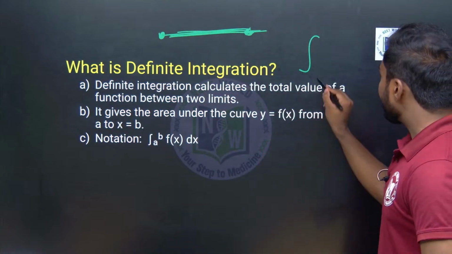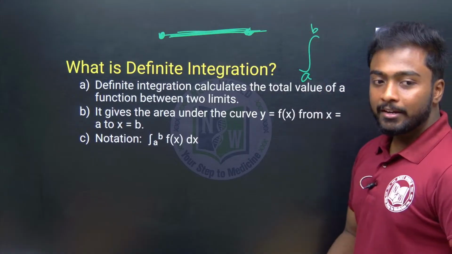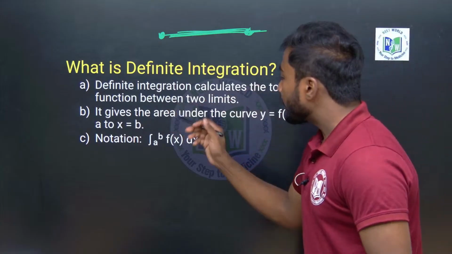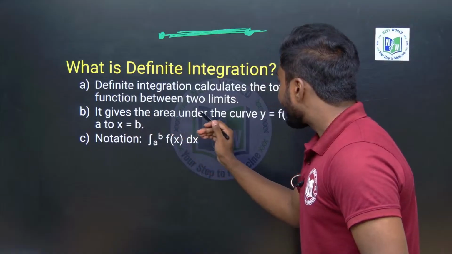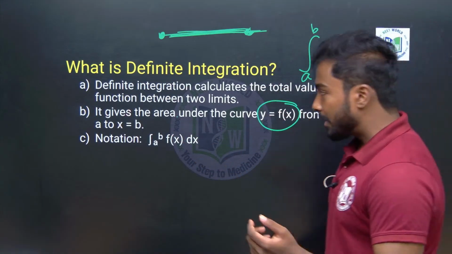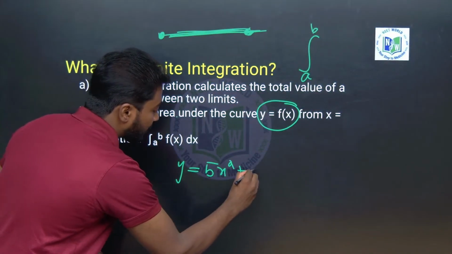In the same case, the limits are from a to b, for example. So definite integration calculates the total value of a function between two limits. It gives the area under the curve y is equal to f of x. This is the function, right? Some equation is there, y is equal to 5x square plus 2x.